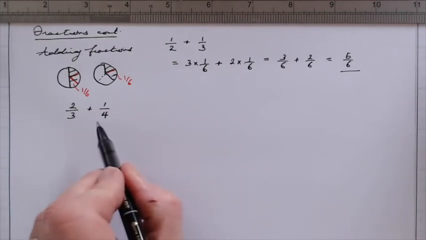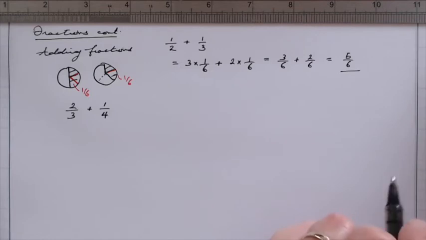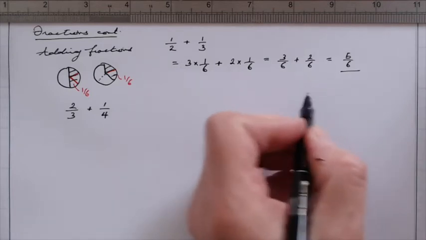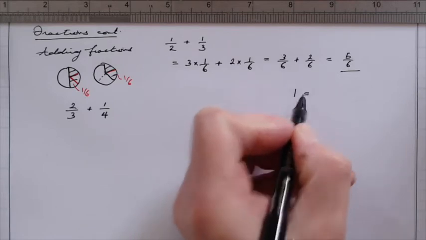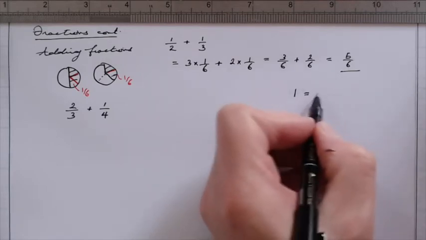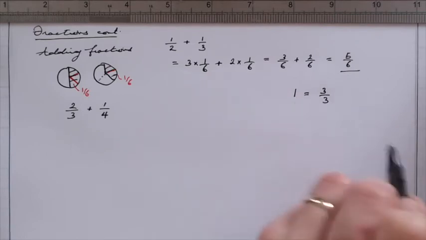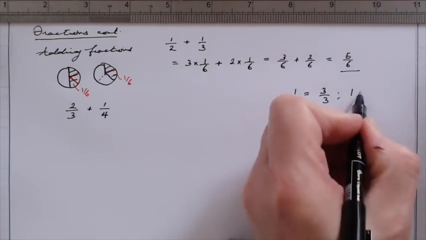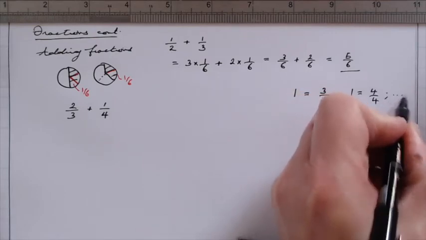And one way to think about that is the following. Remember, I think it was in the second tutorial as an aside, we talked about the fact that you can always write 1 as any number you like divided by itself. So 1 can be written as 3/3, or you could write 1 as 4/4, and so on and so forth.